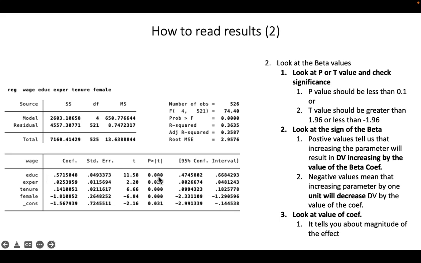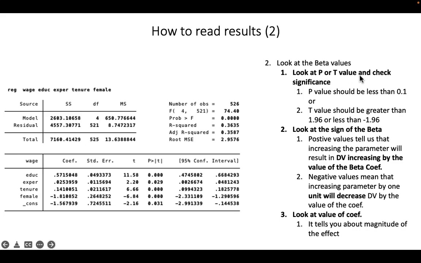If this value is greater than 0.1, greater than 10%, then you cannot say anything about the effect of this independent variable on wages. You say that the impact of education on wages is insignificant if it was the case. In this case, it is significant and highly significant.